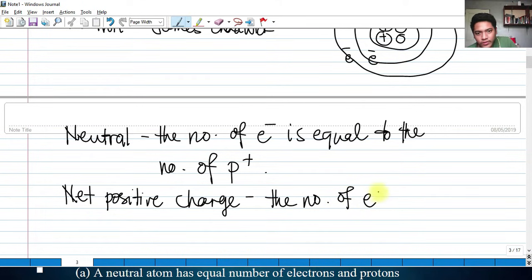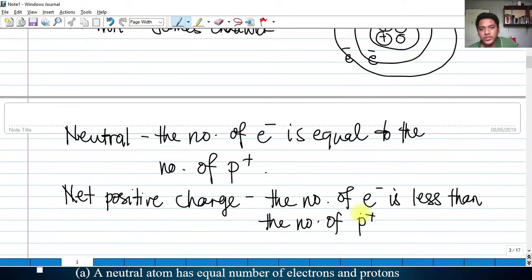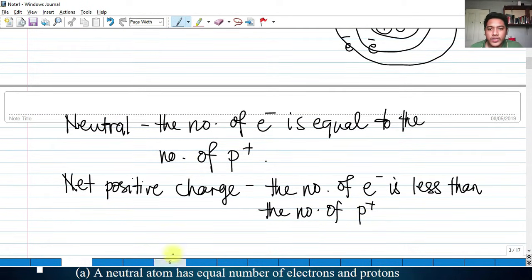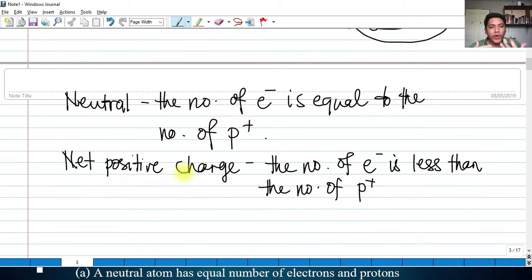The number of electrons is less than the number of protons. In other words, there are more protons than electrons. Okay?